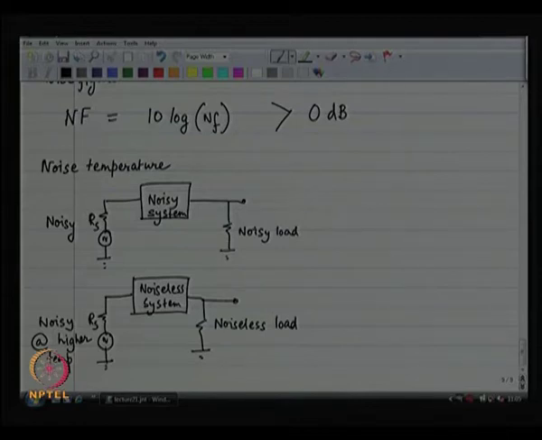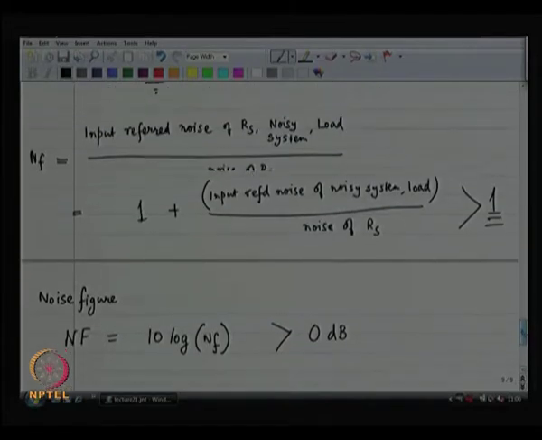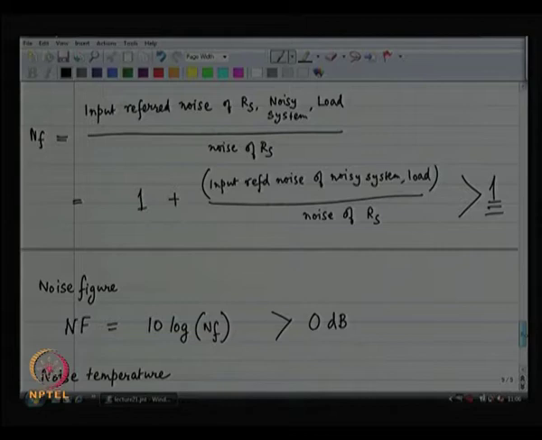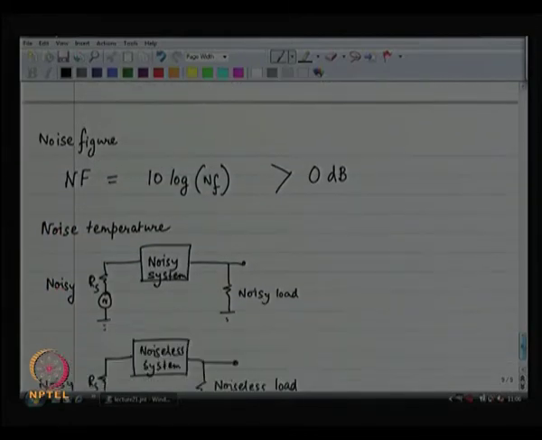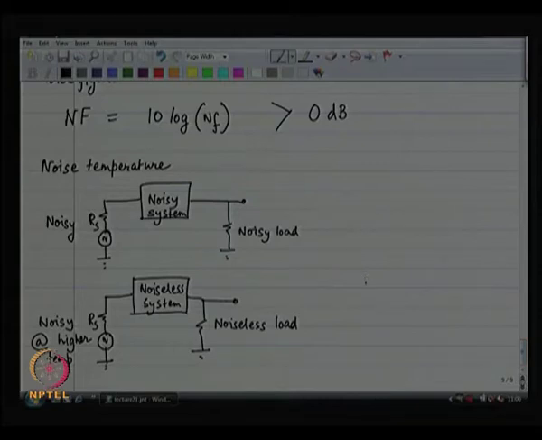It is very similar to noise factor. It is basically going to be equal to the current temperature plus some more.